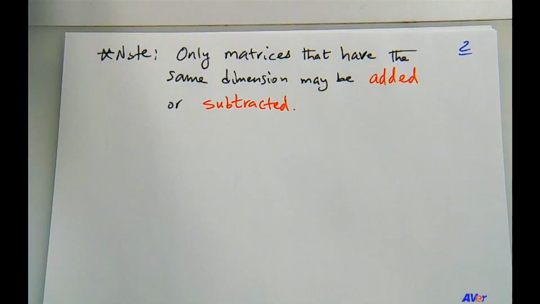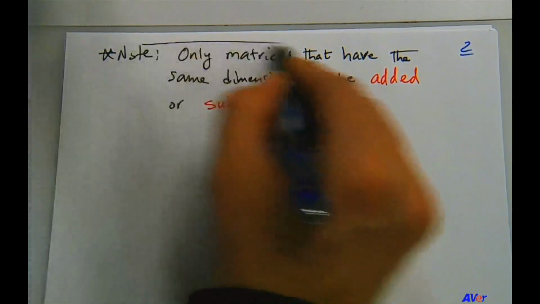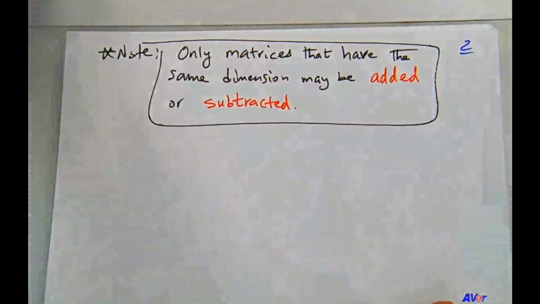Only if two or more matrices have the same exact dimension can we add or subtract them. Okay, that's a very important thing to keep in mind.